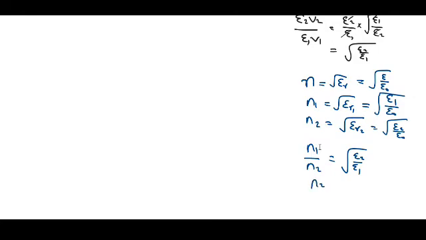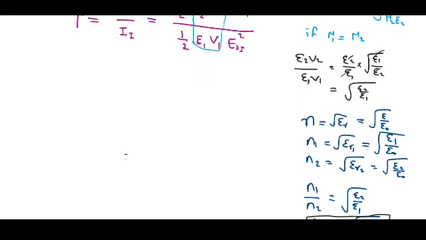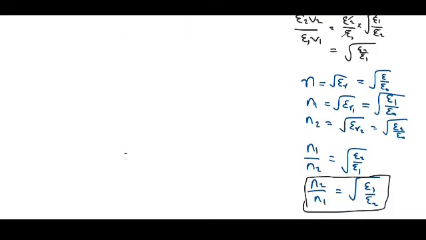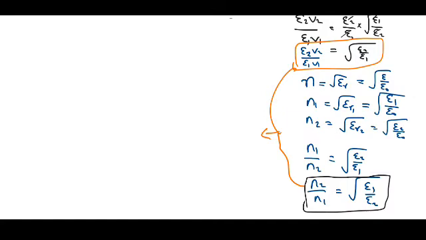Or n2 divided by n1 is equal to root of epsilon 2 divided by epsilon 1. We need this result, and here you see we have this result also. This epsilon 2 v2 by epsilon 1 v1, that is this result. Then if I combine these two equations, what can I write?